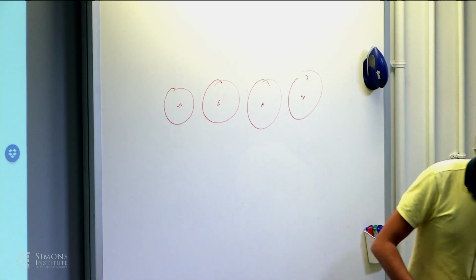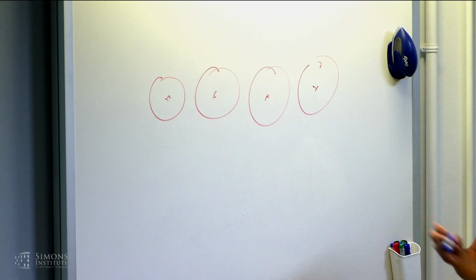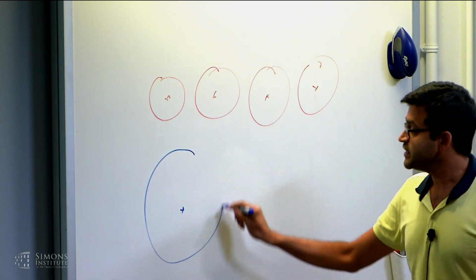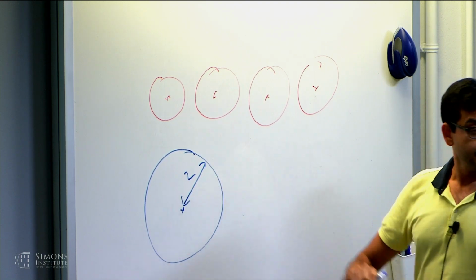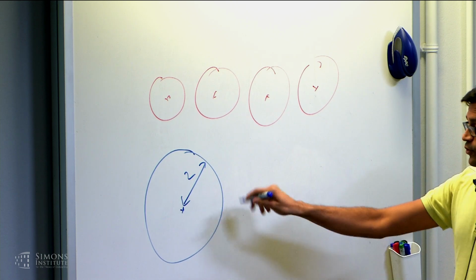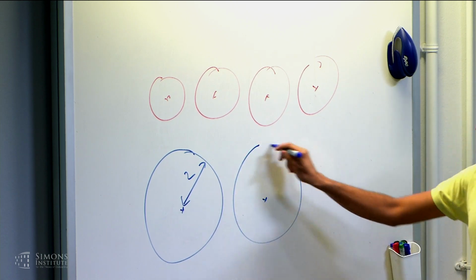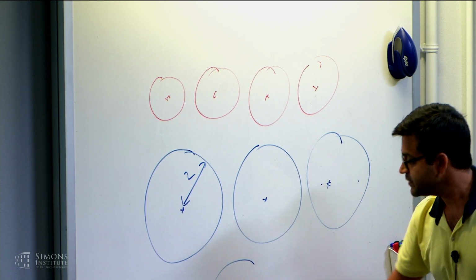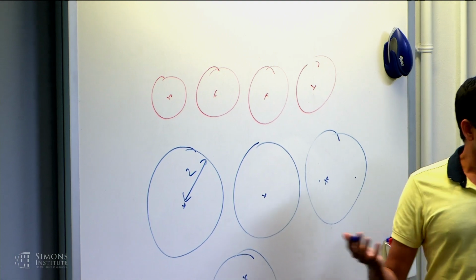I don't know them. So the algorithm says, take any point, draw a ball of radius 2, and cover some points. Then take another point which is not covered by these, draw a ball of radius 2, and go on. So maybe you did 4, k is 4 here. And if I cover everything, I'm done.